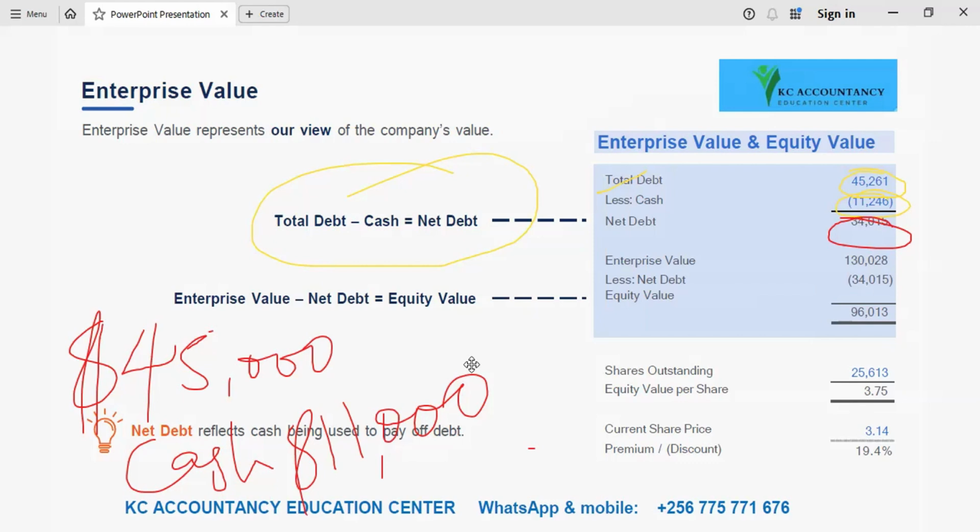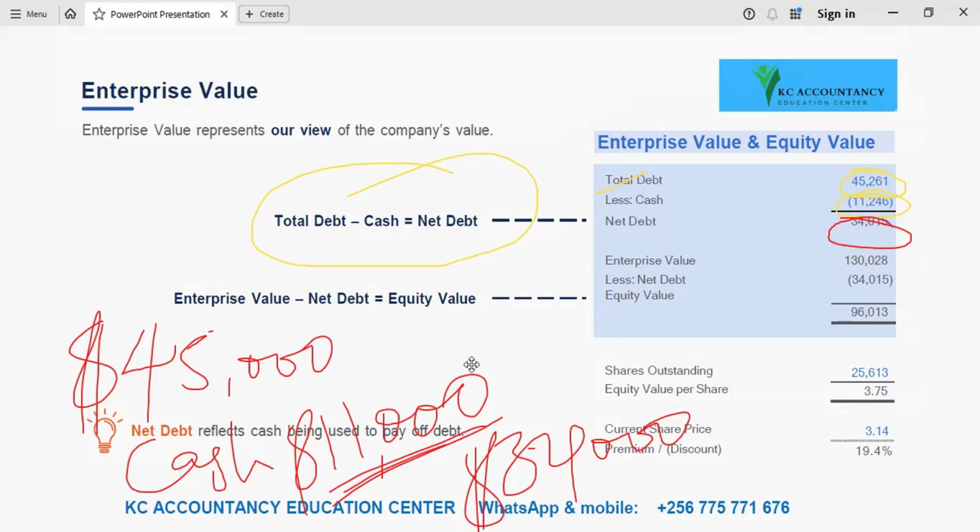You could use the cash to pay off part of the debt, because you borrowed 45,000 and you have cash of 11,000. You could use that cash to pay off that portion of the debt, and that would leave you with a net debt of $34,000 US.